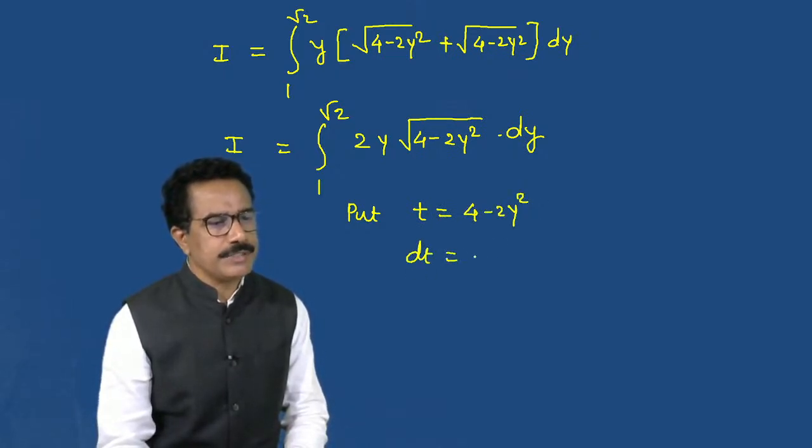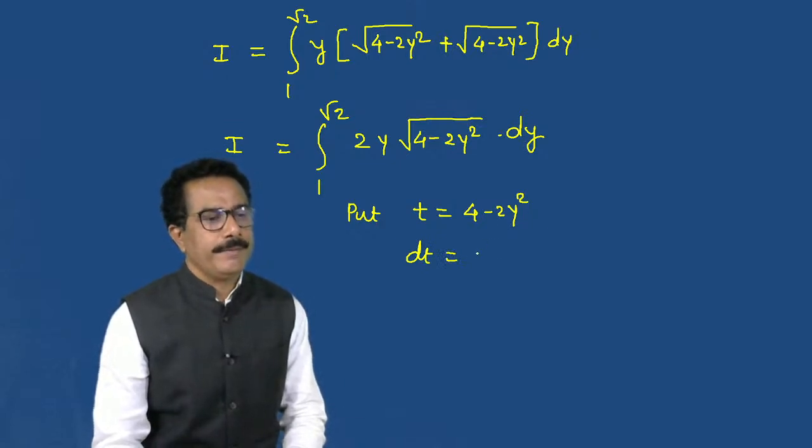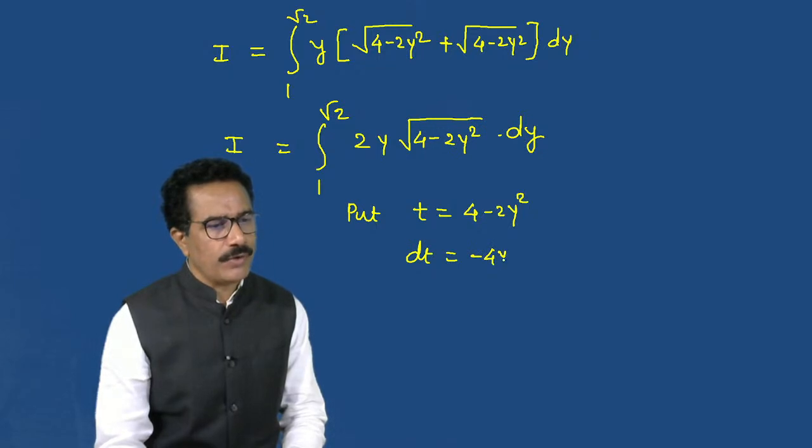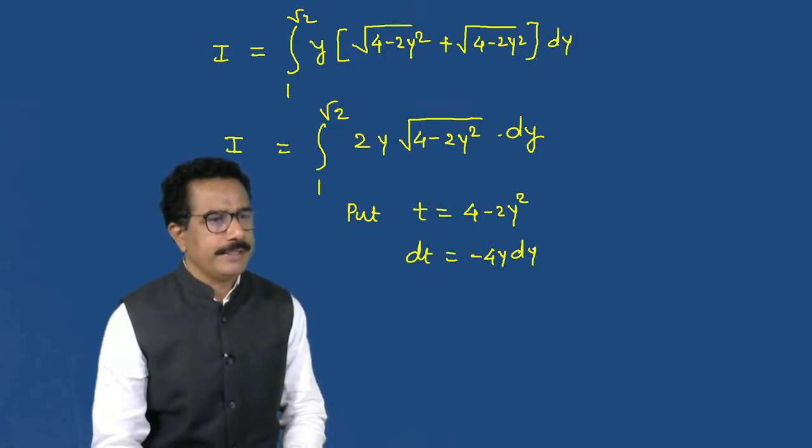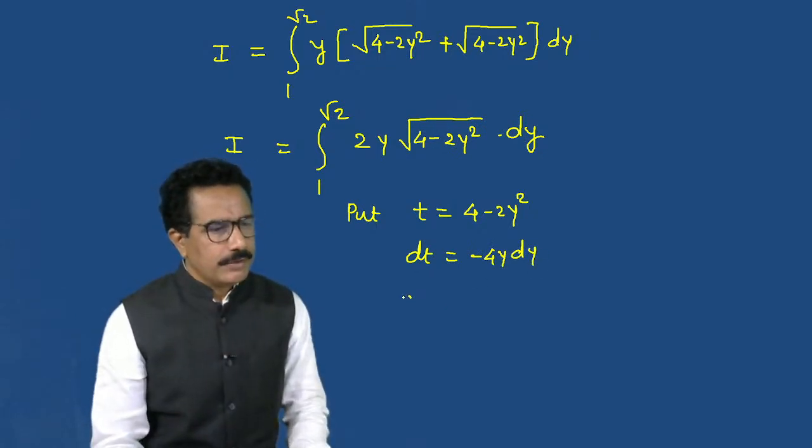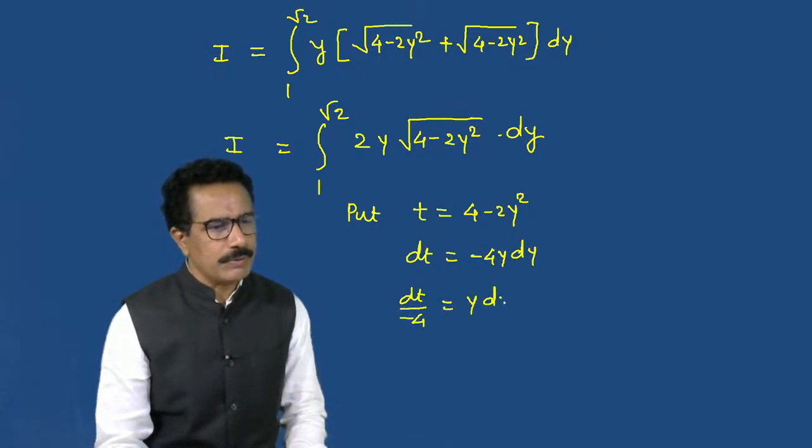So dt = −4y dy. So dt upon −4 is equal to y dy.